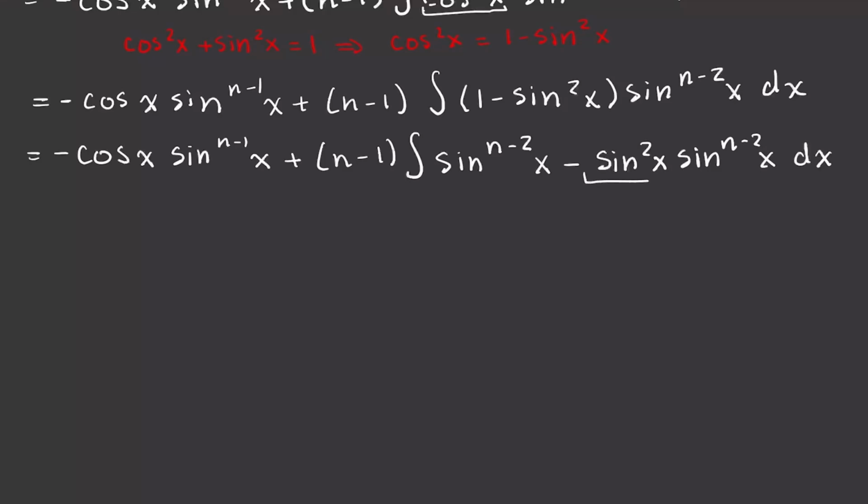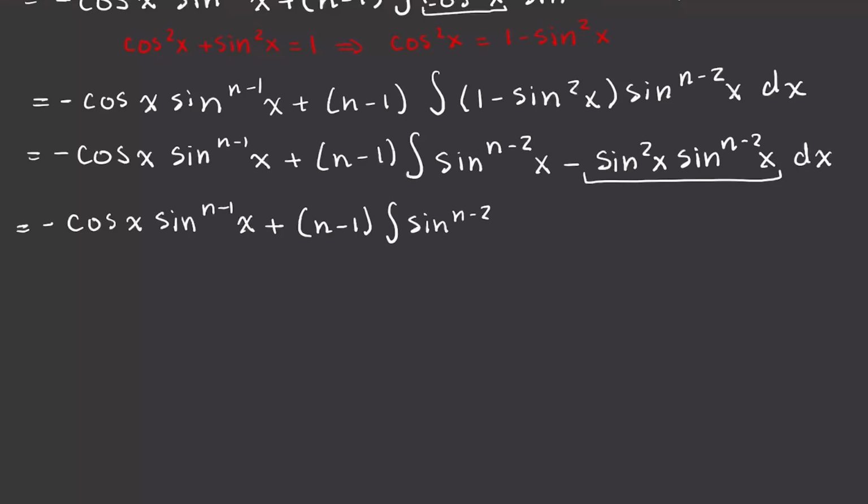So now right here, for two functions being multiplied that have the same base, I can just add the powers, and I would obtain negative cosine of x sine n minus 1 of x plus n minus 1, the integral of sine n minus 2 of x minus sine n of x dx.